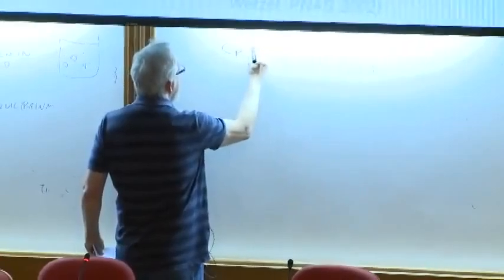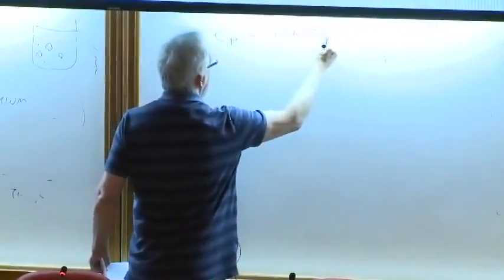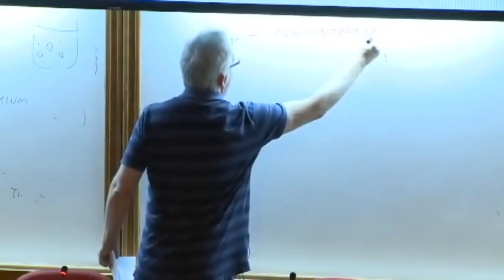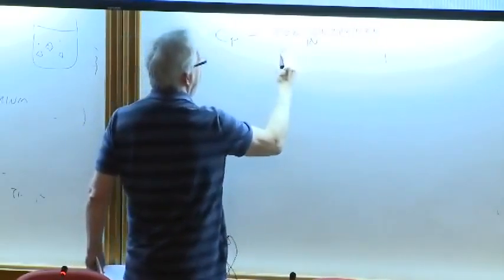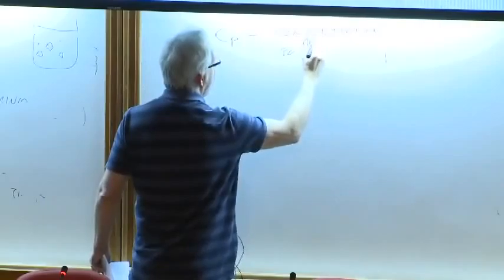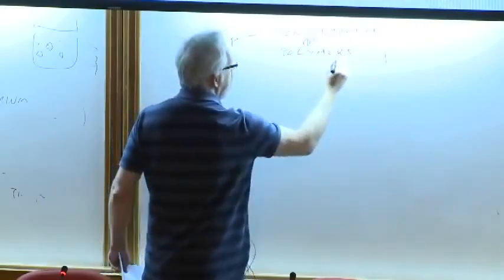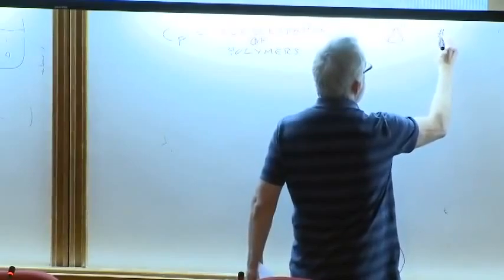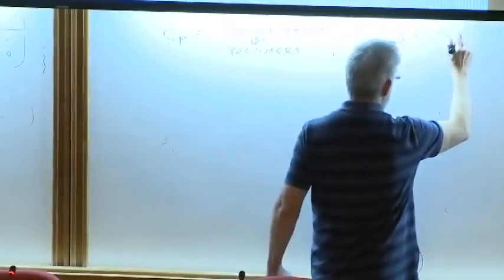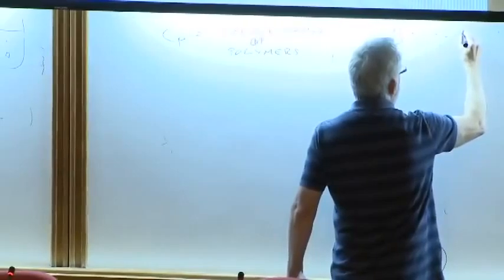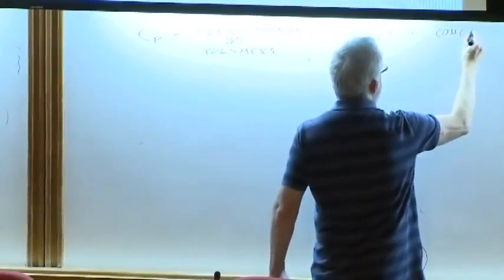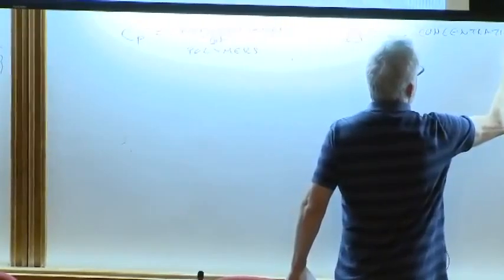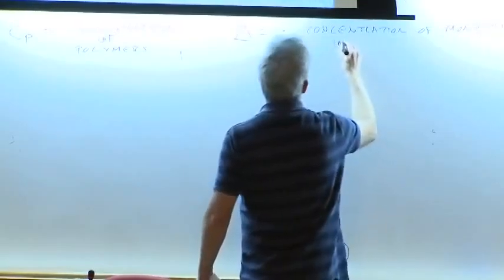First off, Cp is the concentration of polymers, not distinguishing what length those polymers are. It's just the total concentration of polymers in solution. And delta is basically the total concentration of monomers in polymer form.